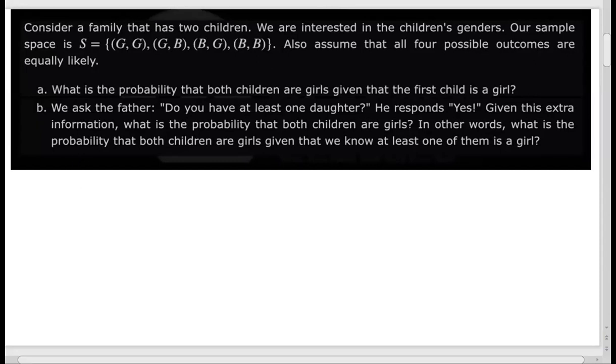So let's start with this problem. What's the problem? Consider a family that has 2 children.